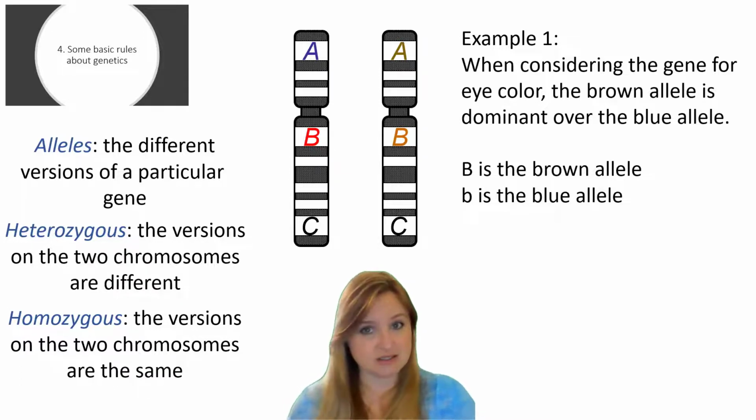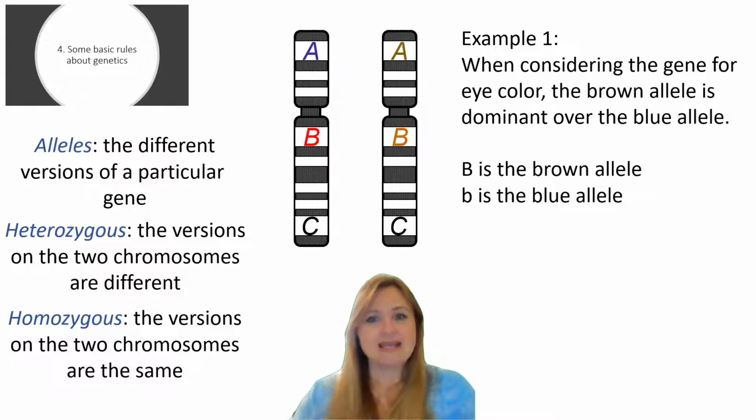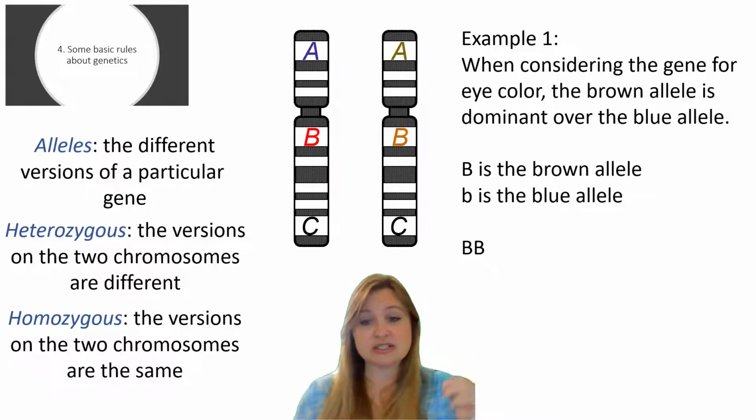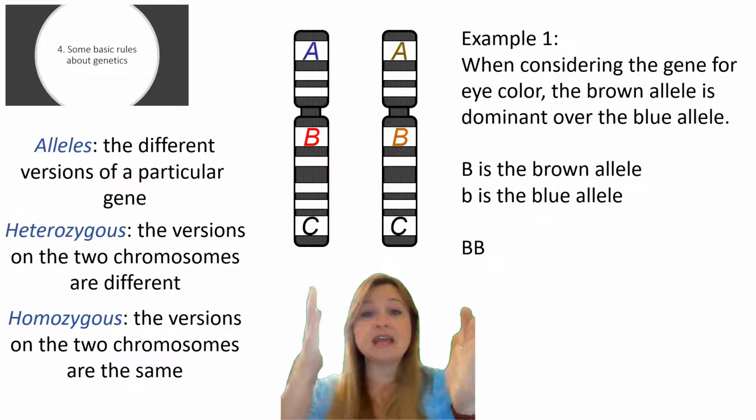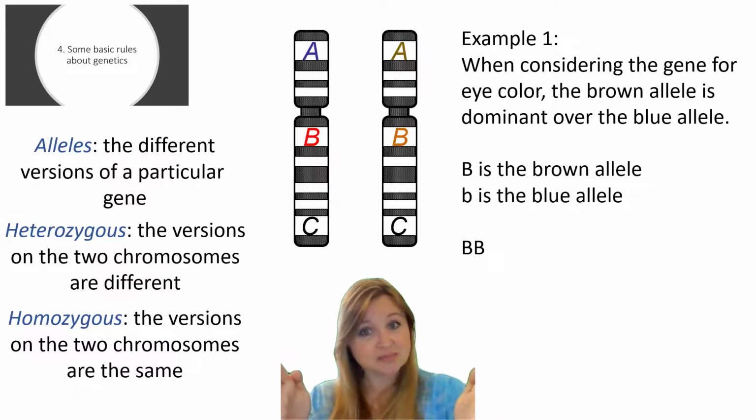We use that uppercase letter to indicate the dominant version and the lowercase letter to indicate the recessive allele, okay? Now, if we have a brown eye allele and a blue eye allele out there, they can come together in 3 different ways. We can have someone who has 2 dominant alleles, 2 brown eye alleles. Because brown is the dominant allele, we indicate that this person is big B, big B. They have a brown allele on one chromosome and a brown allele on the other chromosome.